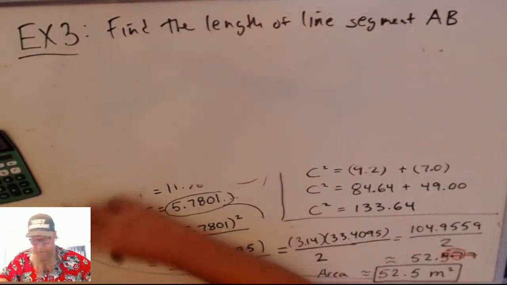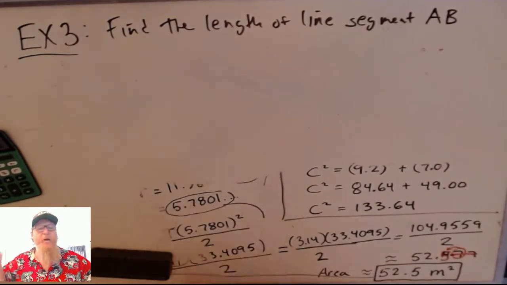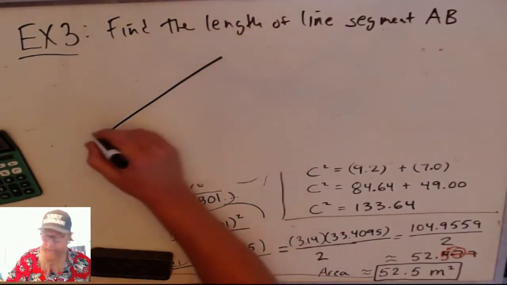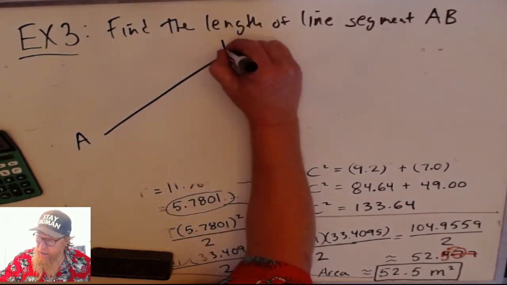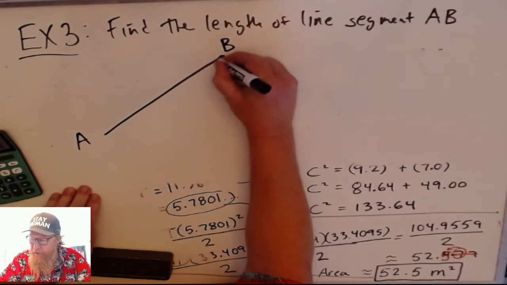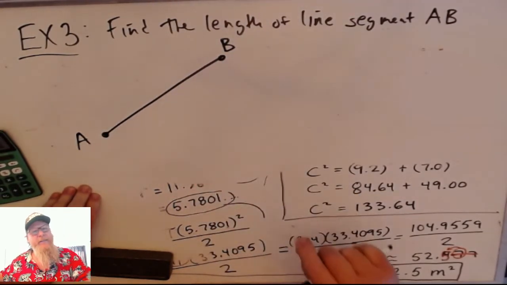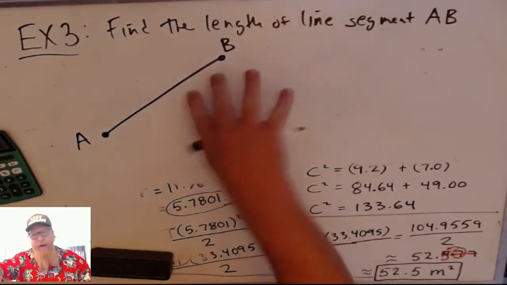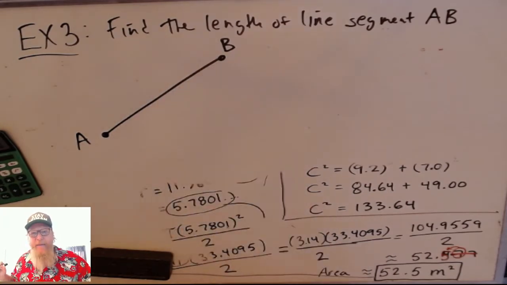So I'm starting to use what's called the classical notation. This is classical geometry. In classical geometry, we don't name the sides with letters. We name the vertices with letters. It's the way Pythagoras would have done it 2,500 years ago. So I want to know the length of line segment AB.